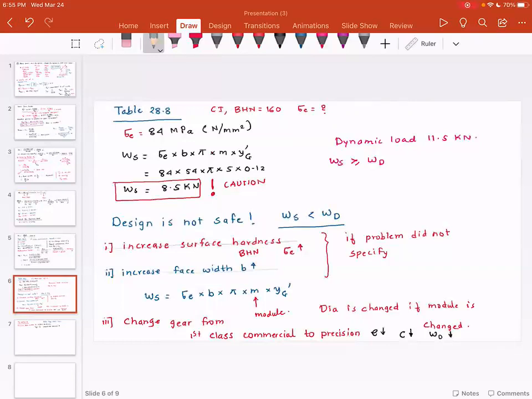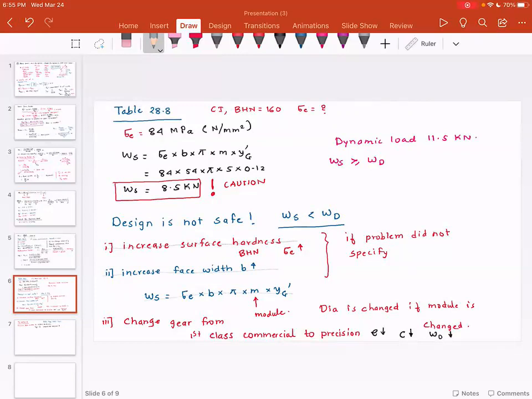So this option is also not available to us. So unfortunately, we have to go with the last option and repeat the calculations.